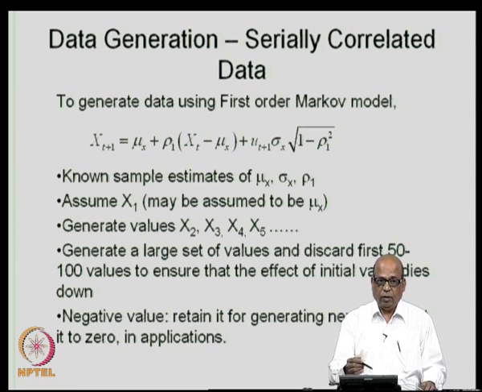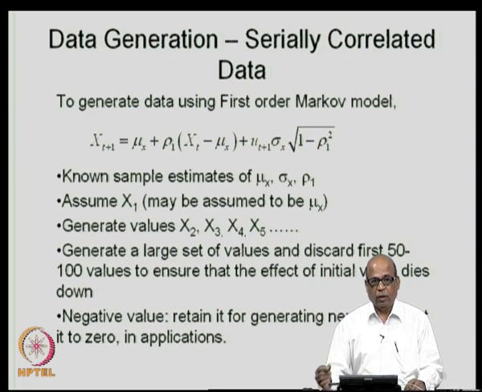So, when you are generating the sequence, you retain the negative values as generated by this model, but when you are using them in the application, let us say the sequence has several negative values and you want to use it for fixing the reservoir capacity and so on, just replace the negative values by zeros.